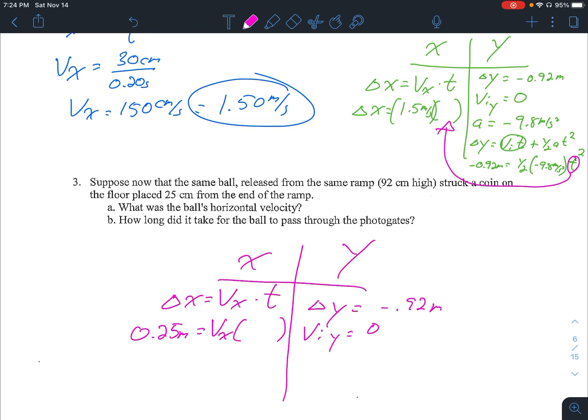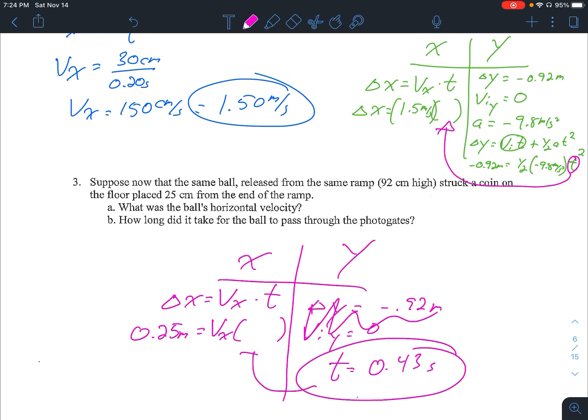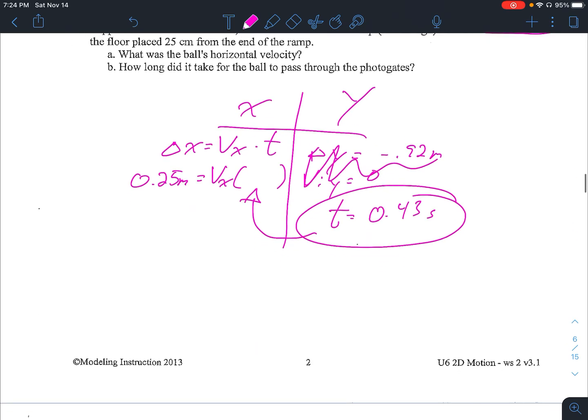Actually, I don't need to go through any of this, do I? No, it's still that same time it takes, which was about 0.43 seconds. So we take that time, bring it over here, and we're going to get our Vx.